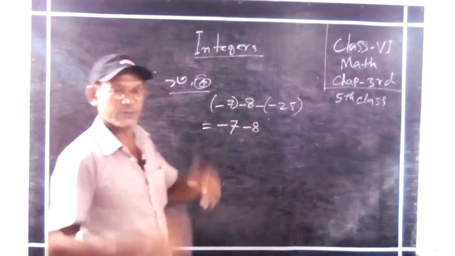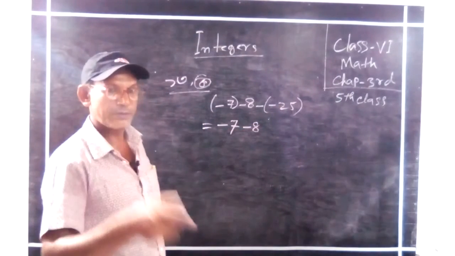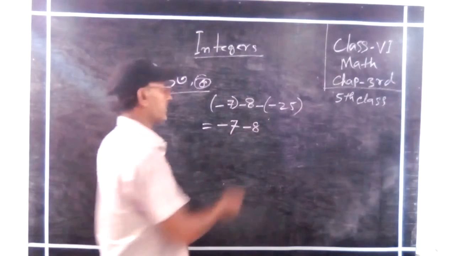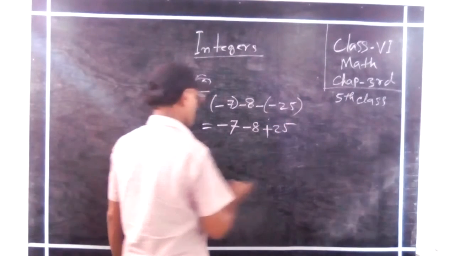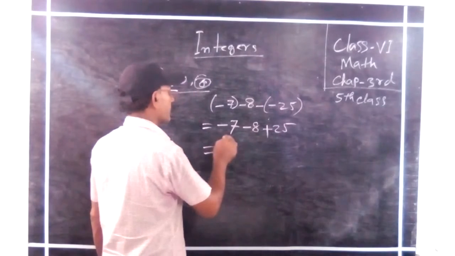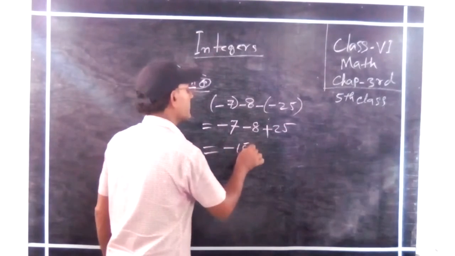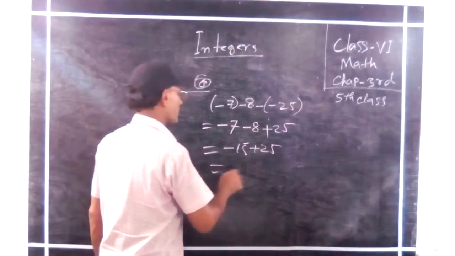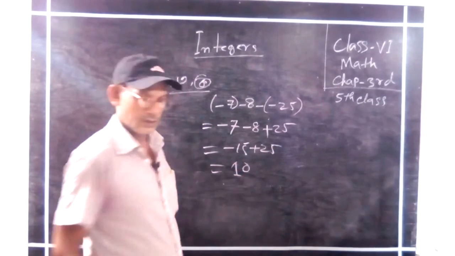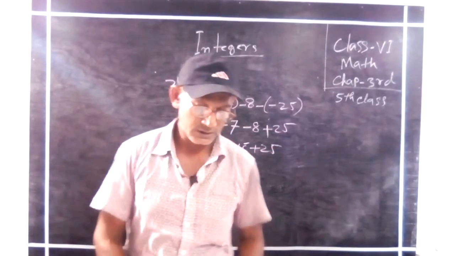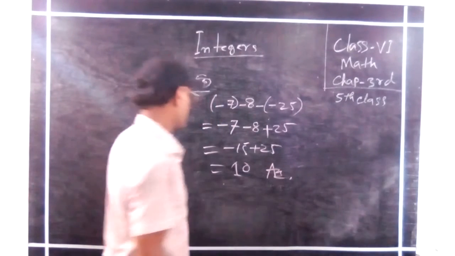We know +25 is the positive inverse of -25. So you can write here +25. Here -7 -8 means -15, +25 equal, our number is 10. That is our next answer.